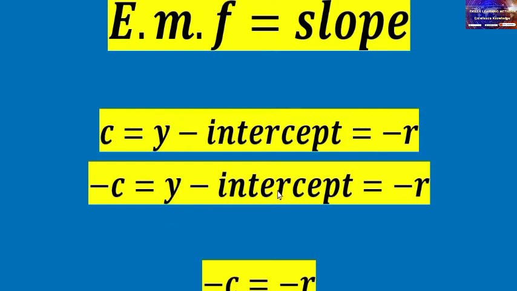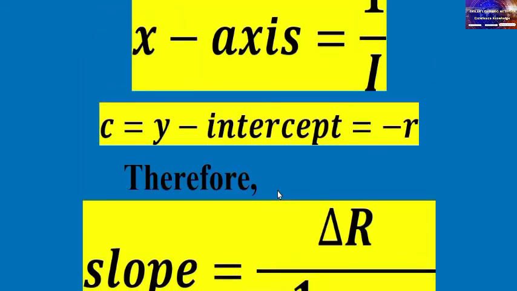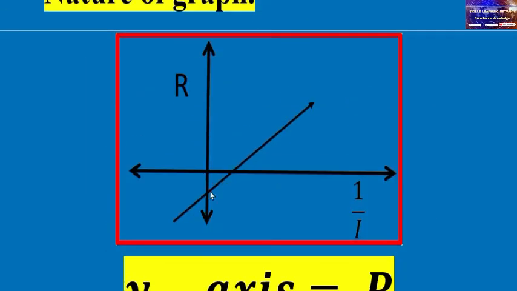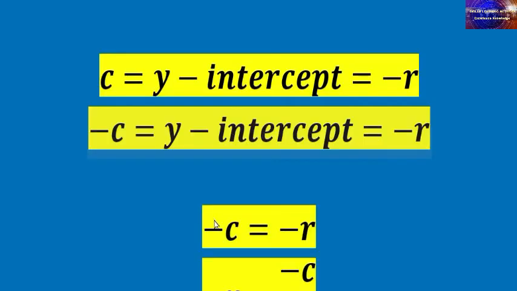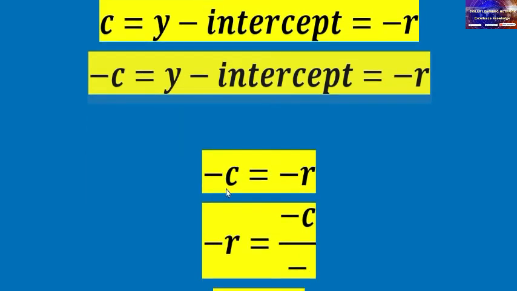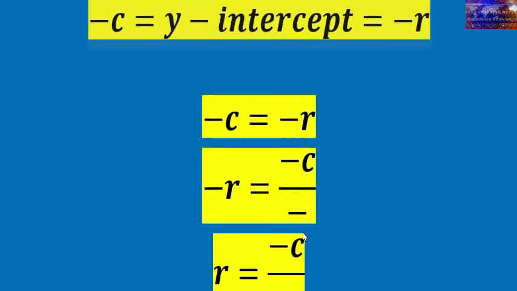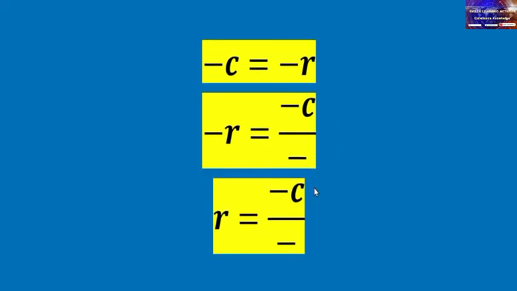So in order to get the internal resistance, you are going to read the value of the y-intercept from the graph, and then equate it to the equation to make a substitution. It means negative c is equal to negative r, and the negative r divided by negative gives r equal to the value of the y-intercept.